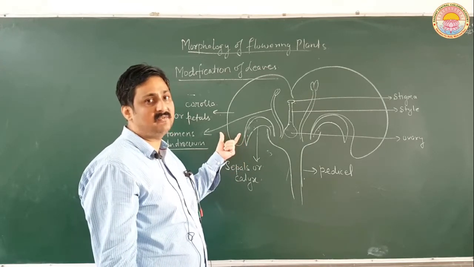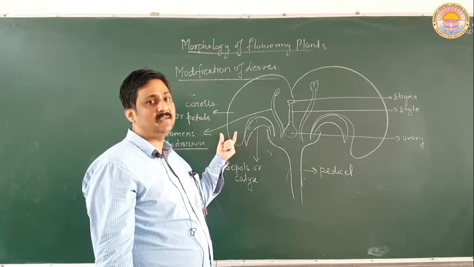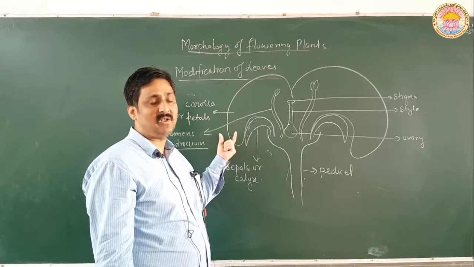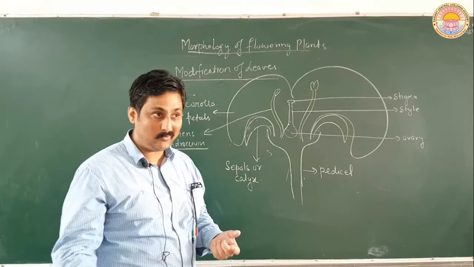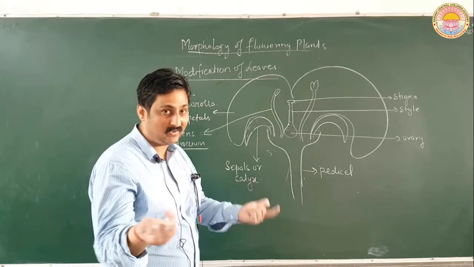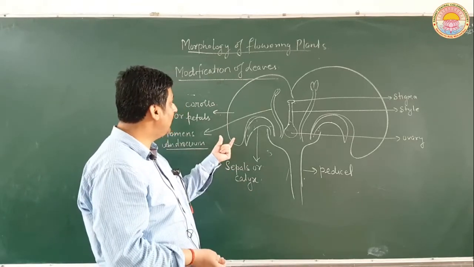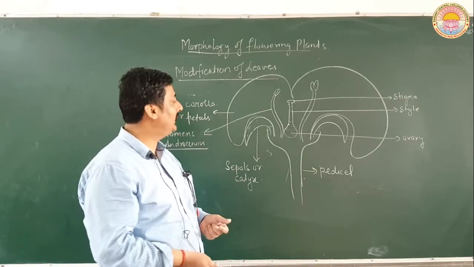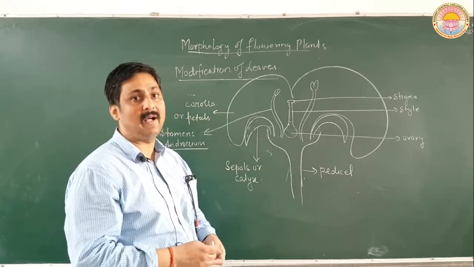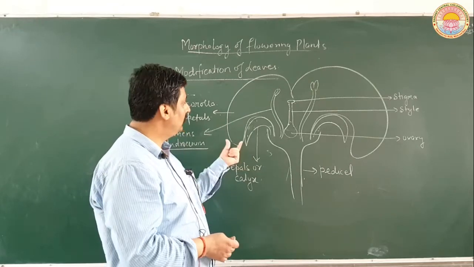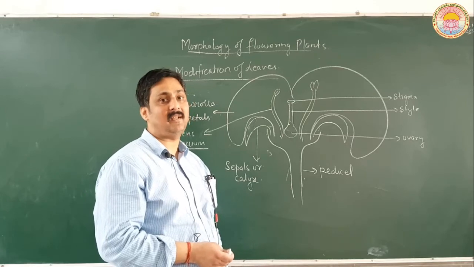These are colored structures, the most visible, or you can say the most conspicuous structures observed in a flower. When you look at a flower and say it is a very beautiful flower, with a very beautiful color, that is just due to the corolla, the petals. You admire their color. So this is responsible for attracting pollinating agents such as insects.